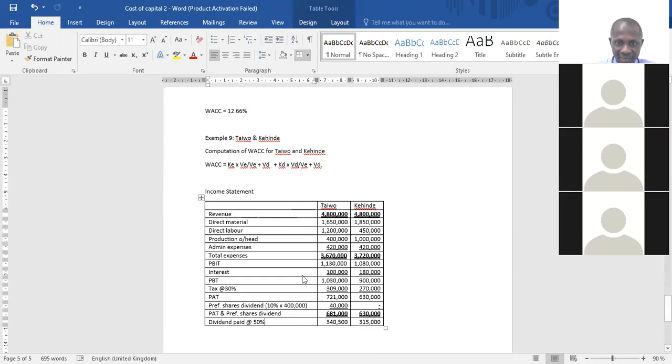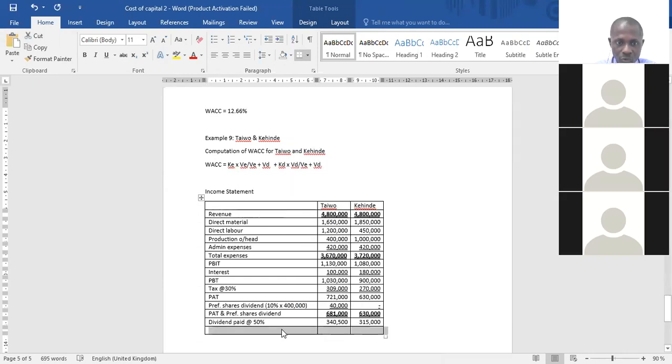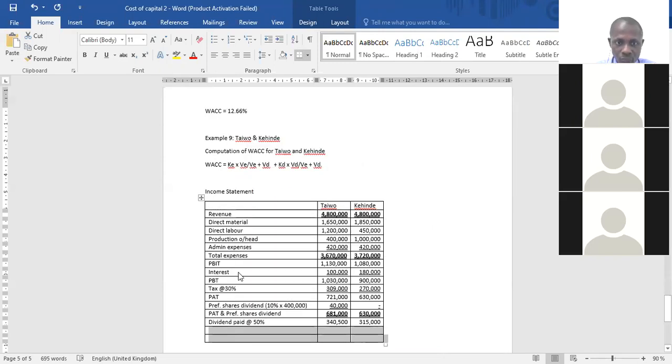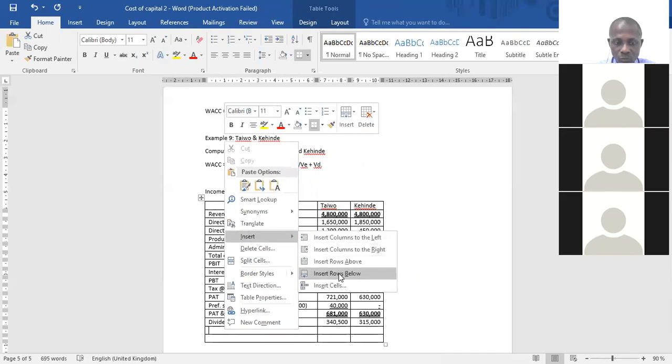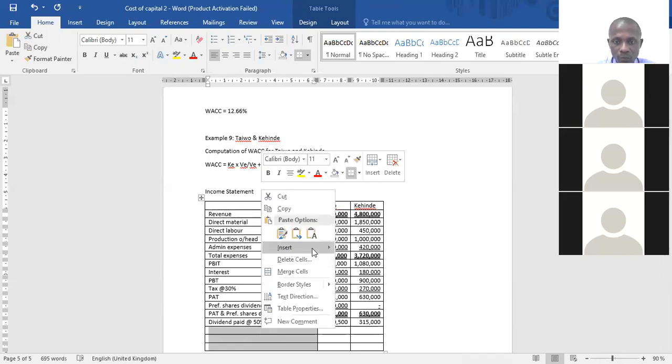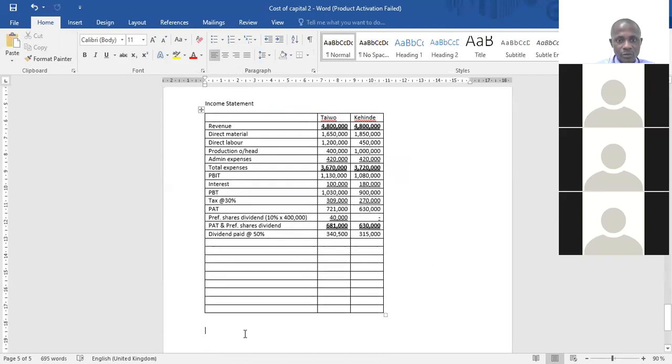Let me also insert some additional rows below to accommodate that. Okay. I think this should be fine.